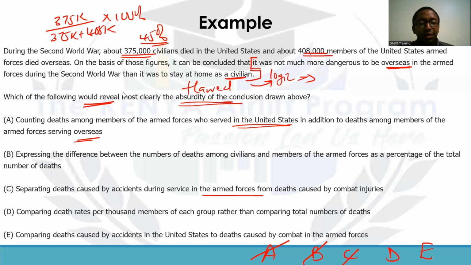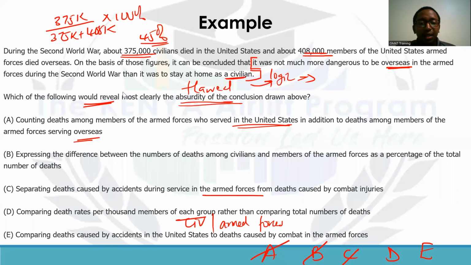D, comparing death rates per 1,000 members of each group rather than comparing total number of deaths. So here, each group means civilian or armed forces overseas.